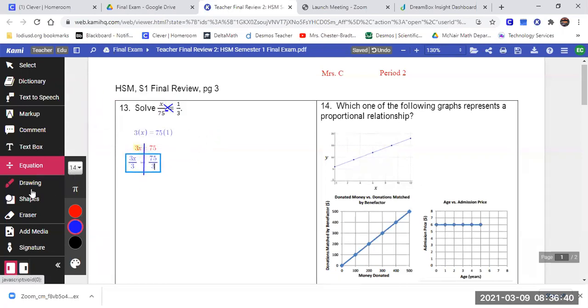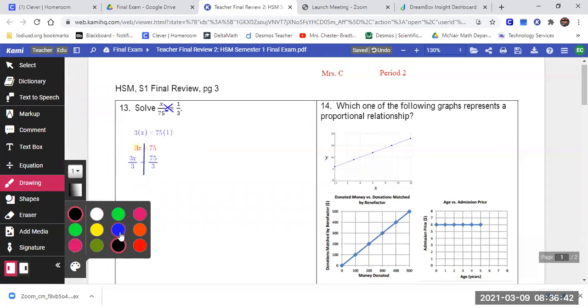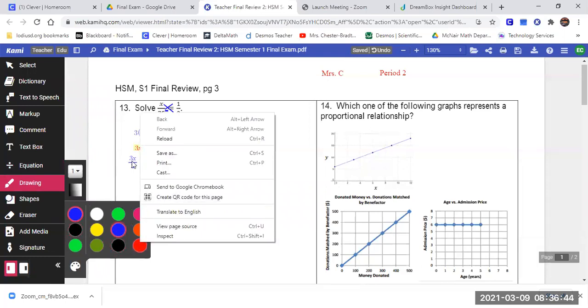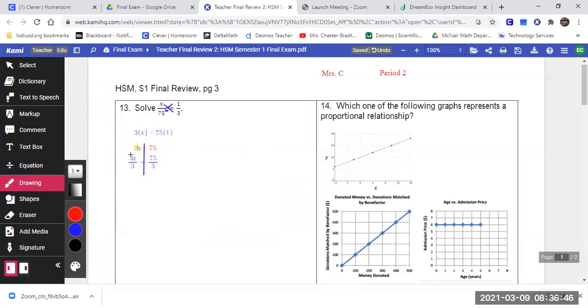So what is our x going to be? And that got big 1 out of there. What's our x going to be? X equals how much? 25. Okay.